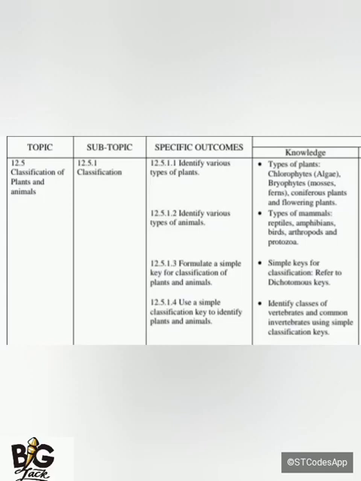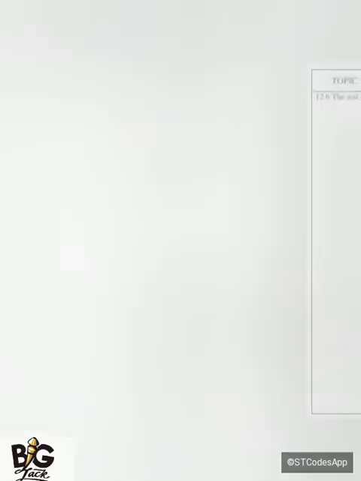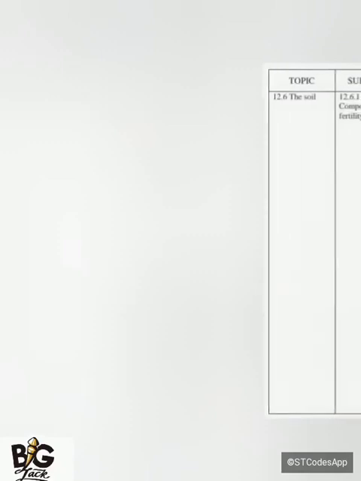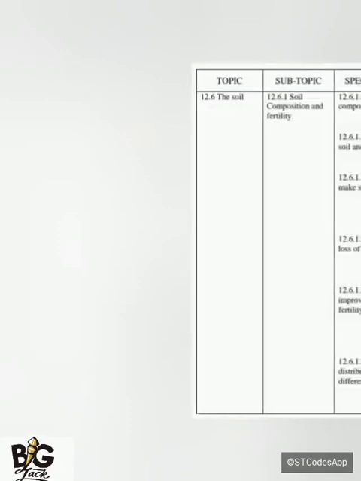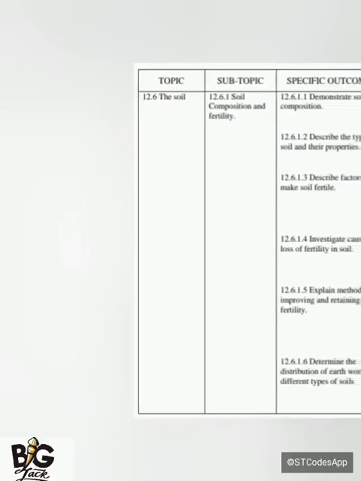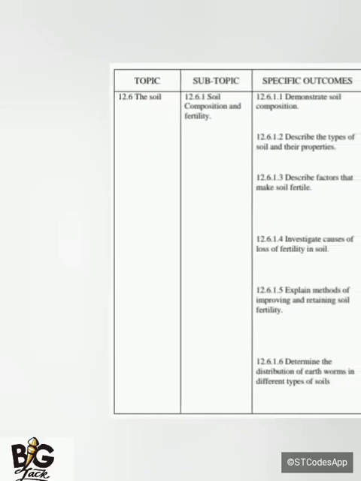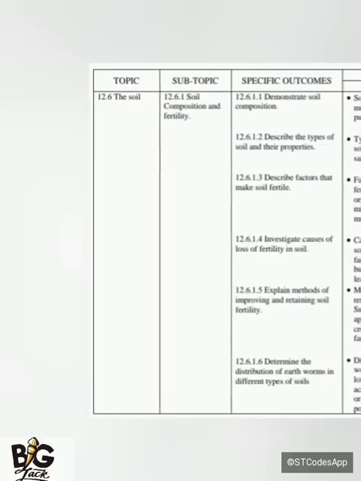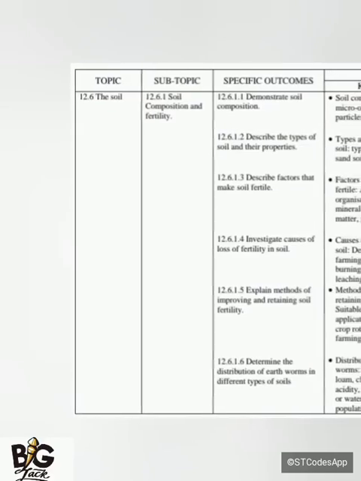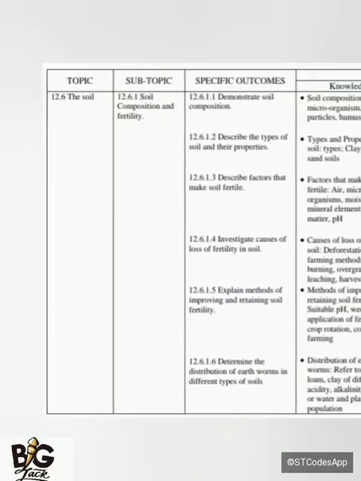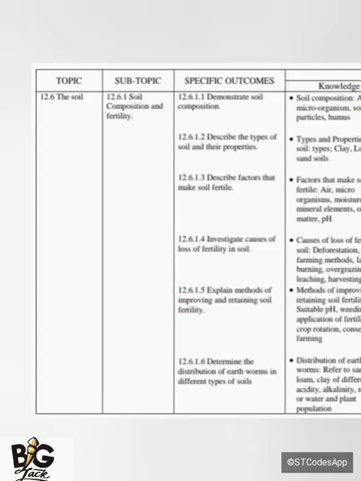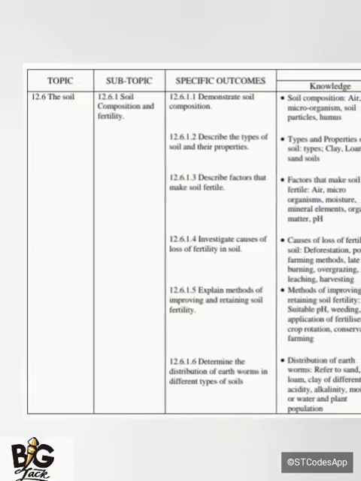Okay, let's move on now to the next one, which is soil composition and fertility. On this part, what you need to understand is the composition of soil, for example the air, the microorganisms, and also soil particles, whether they are closely packed together or far apart.